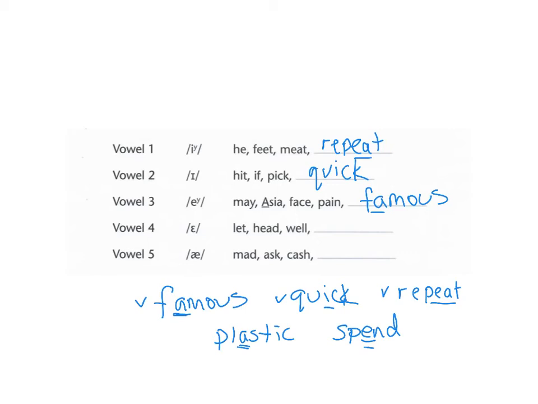Vowel number 4 is eh. Is that plastic or spend? Vowel number 5 is a. Is that plastic or spend? So, vowel number 4, it's going to be spend. And vowel number 5, plastic. How did you do?